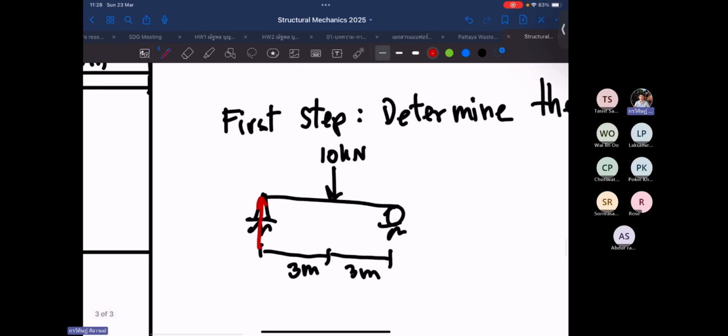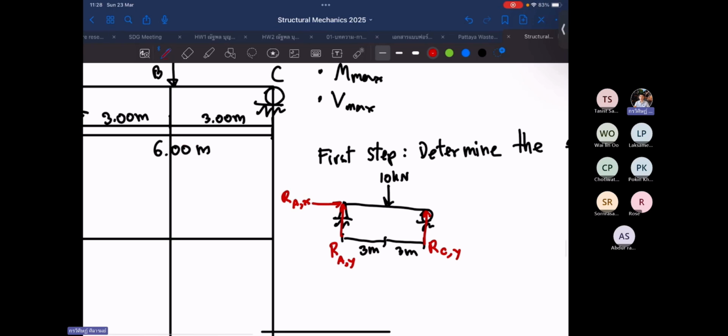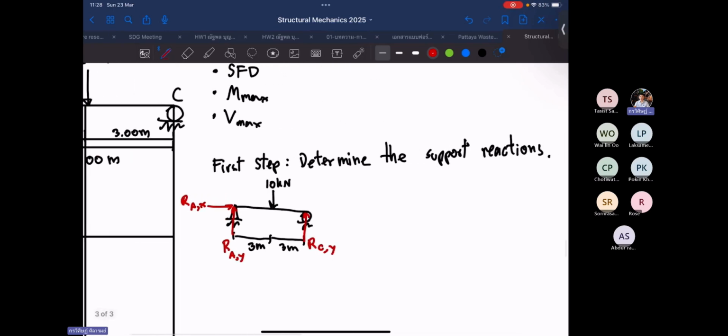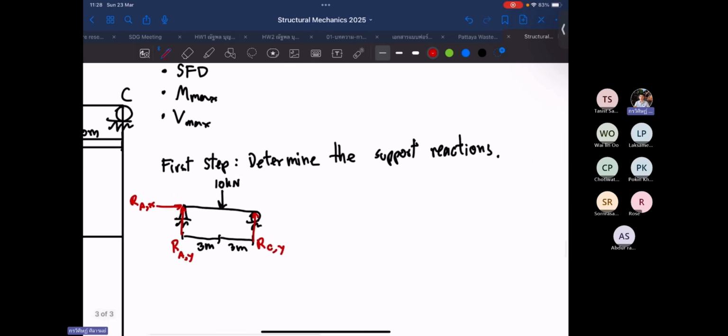This one will be reaction at point A in Y direction, and this one must be reaction at point A in X direction. And for point C, this one is a roller, so only vertical direction, in Y direction. No reaction in X direction. These are the support reactions we have to determine.